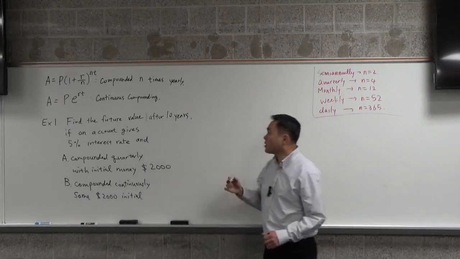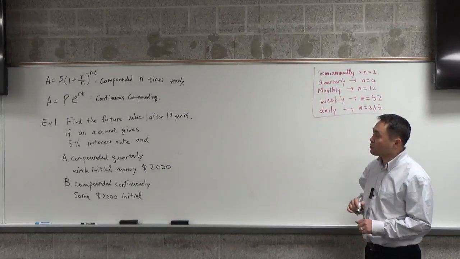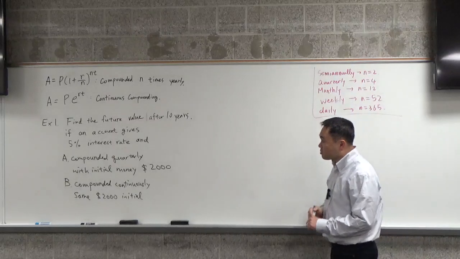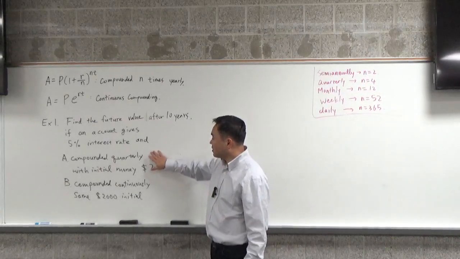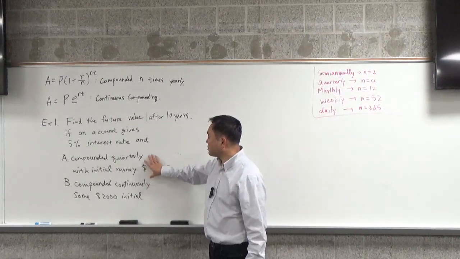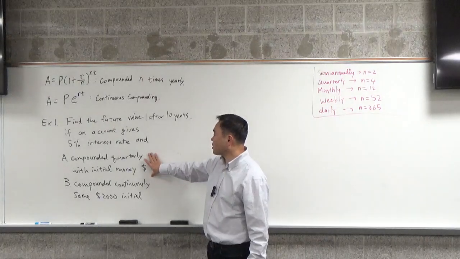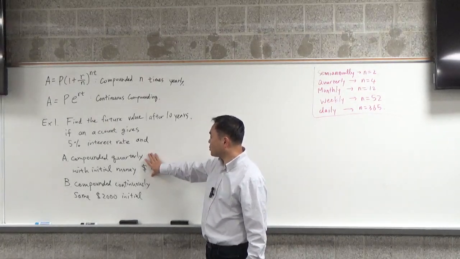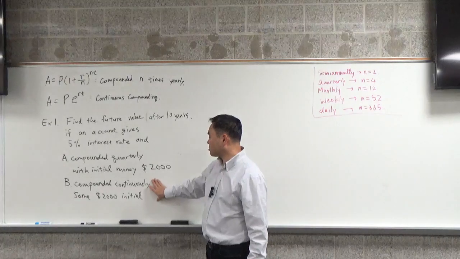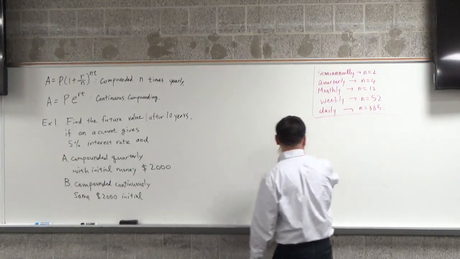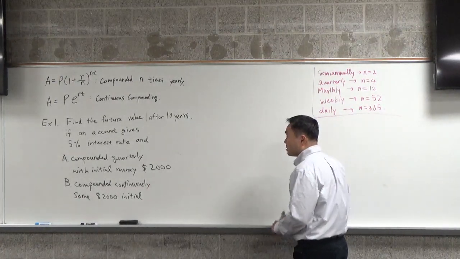Okay. So find the future value after 10 years if an account gives 5% interest rate, and there are two problems. Try to solve it if it's compounded quarterly, and try to solve it if it's compounded continuously. Let's see the difference, all right?